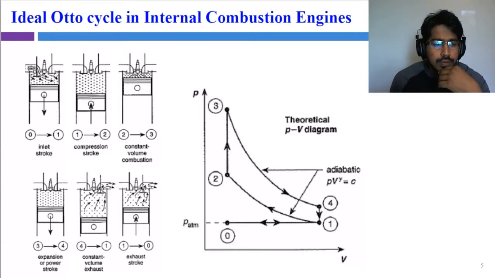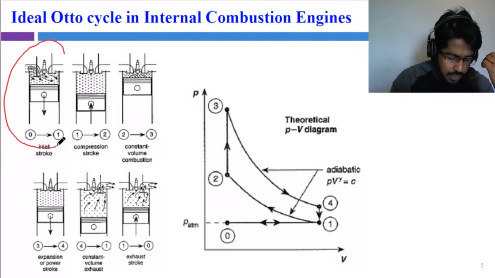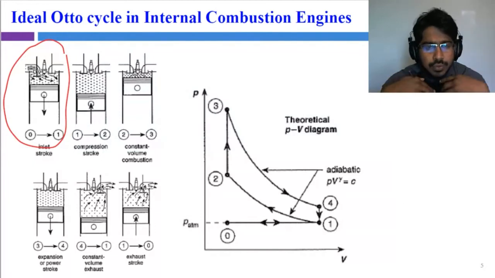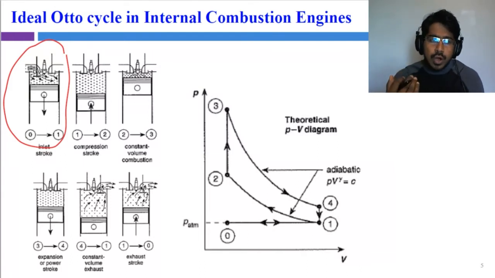If we start with the inlet stroke shown in the first diagram, what happens in the inlet stroke? We open the valves so that we can inject the fuel air mixture into the chamber. As the valve is open, when the piston moves downwards, there will be no pressure difference.